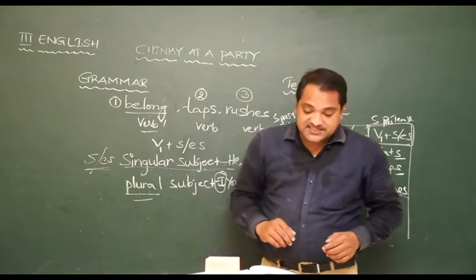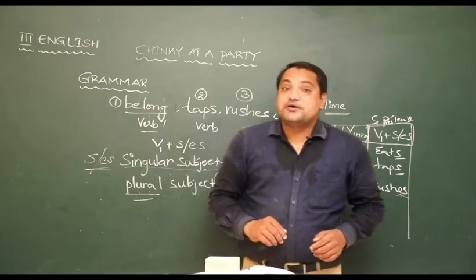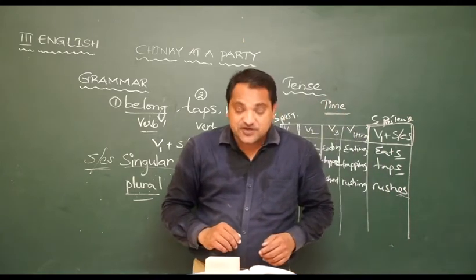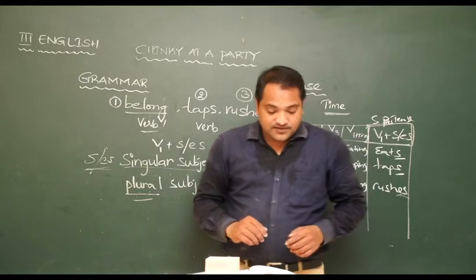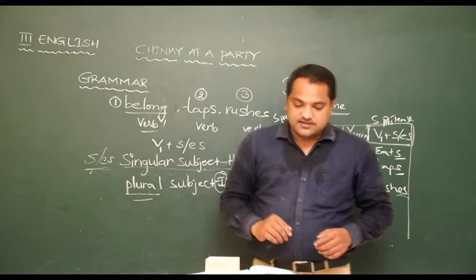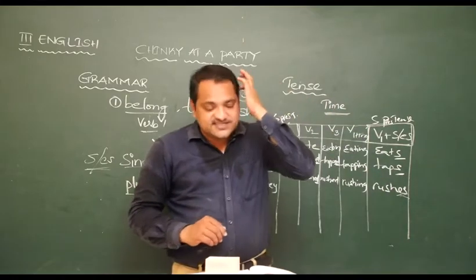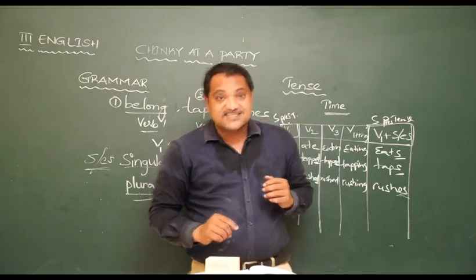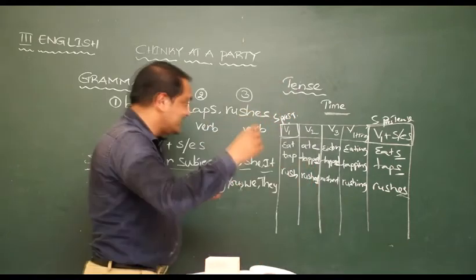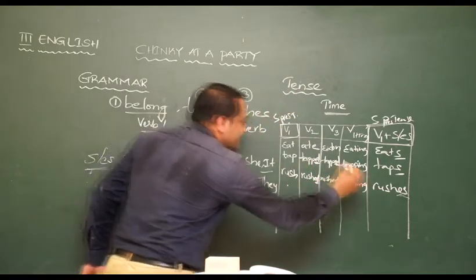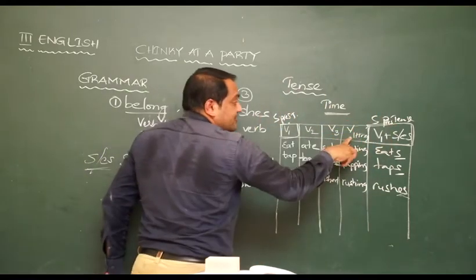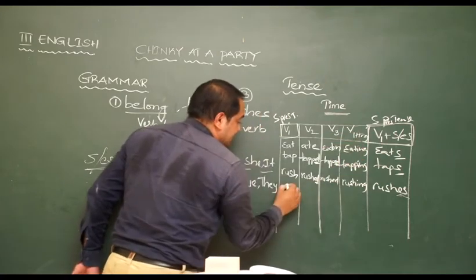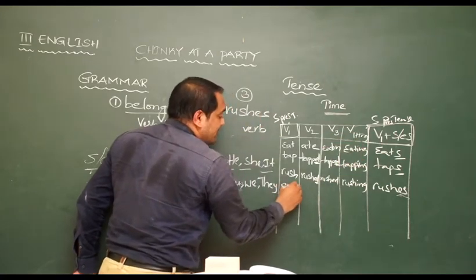Now read the following sentences. I am sitting on the piano. Perhaps he is planning to play a trick on someone. He is thinking about something. Look at these three sentences, sir. What are the verbs? In the first sentence, sitting. Now I'll write it here. V1 plus ing. But before that, what is the basic form?